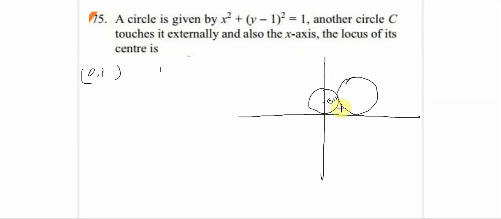Other circles can be like this, even bigger ones. You can go even smaller here, and the same on this side too. I'm not drawing it very perfectly, so I hope you understand the point. It touches the circle externally and also touches the x-axis.